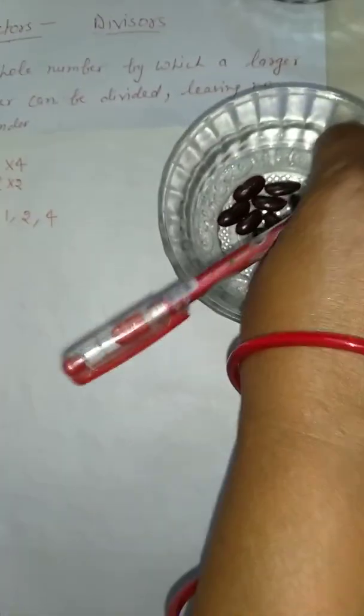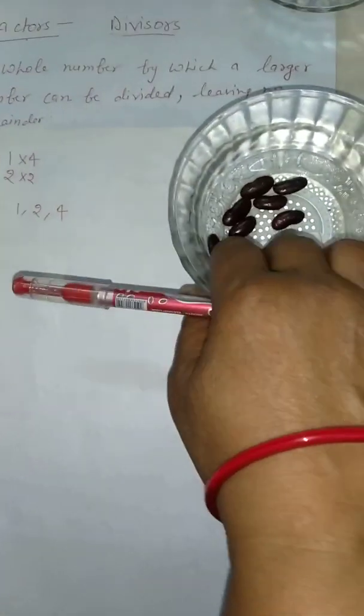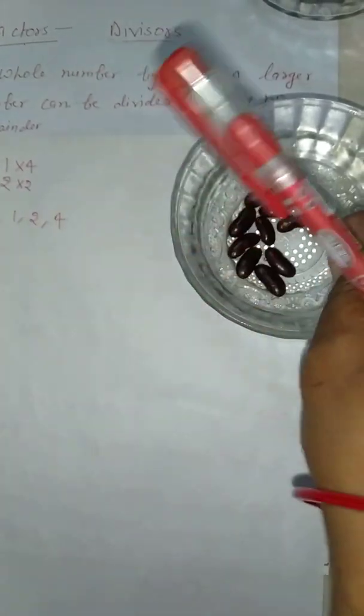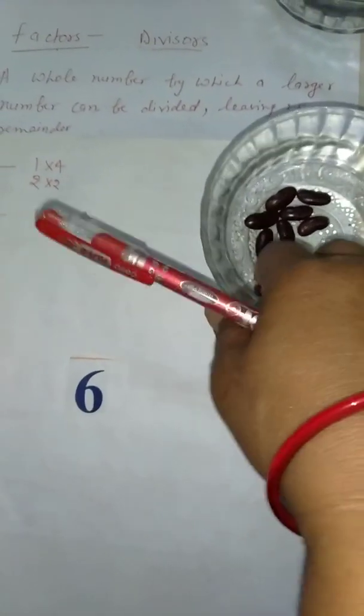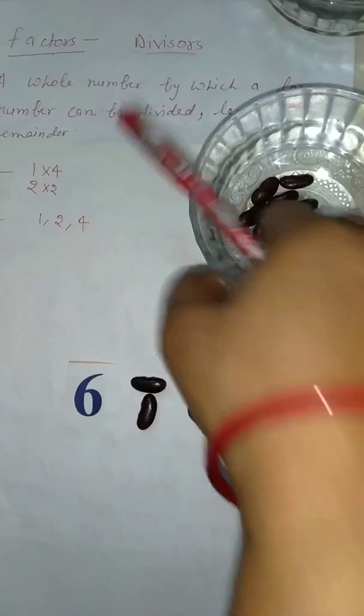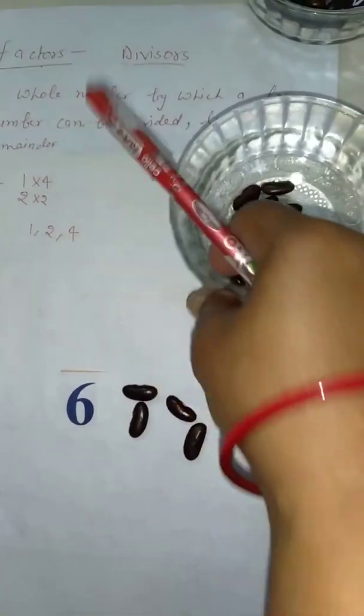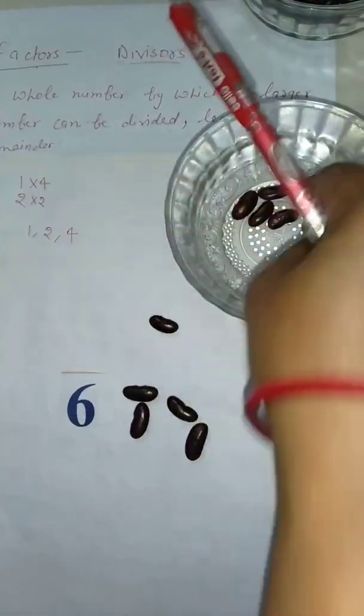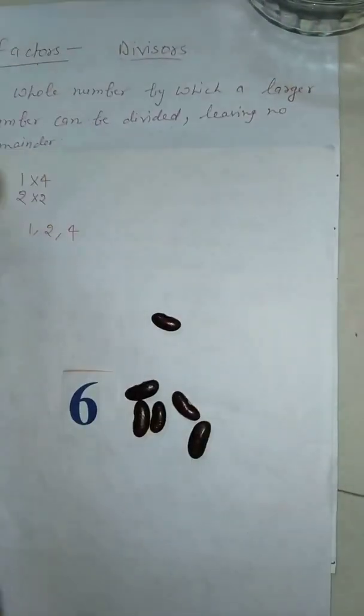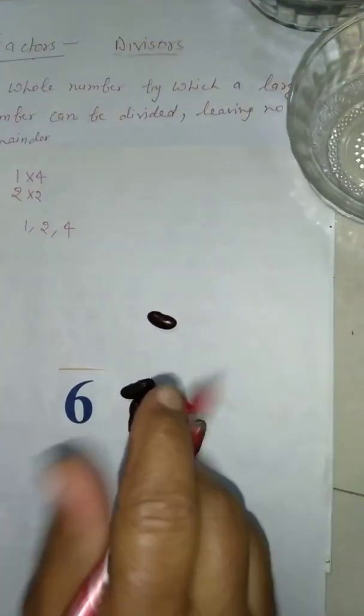Next, 6. Here I am taking 6 seeds: 1, 2, 3, 4, 5, 6. Okay. How can we arrange them?